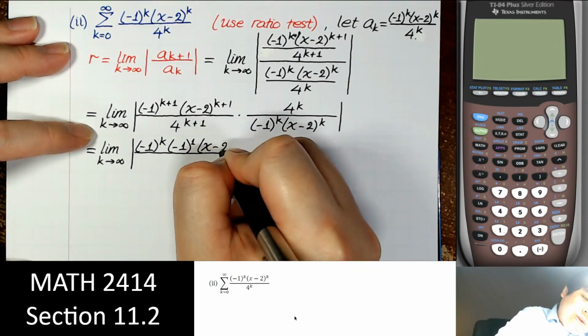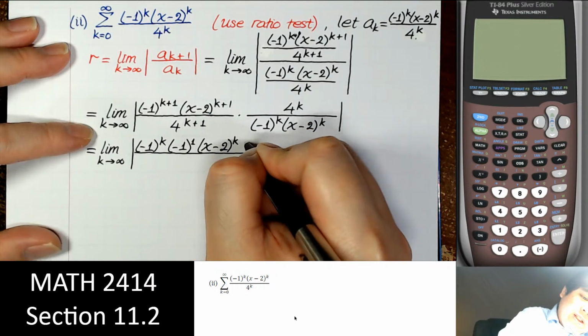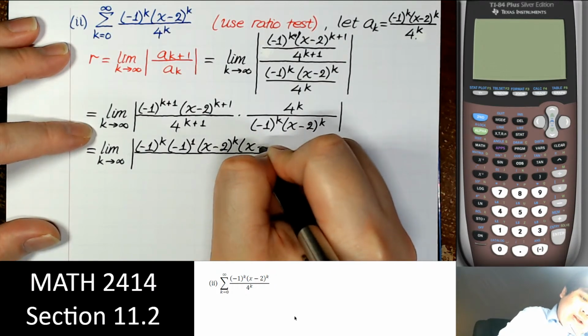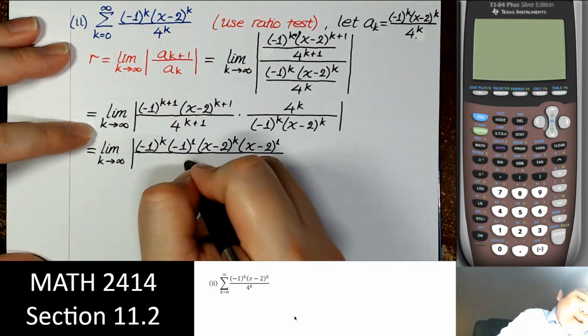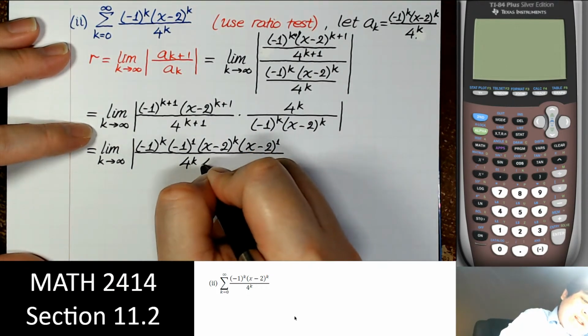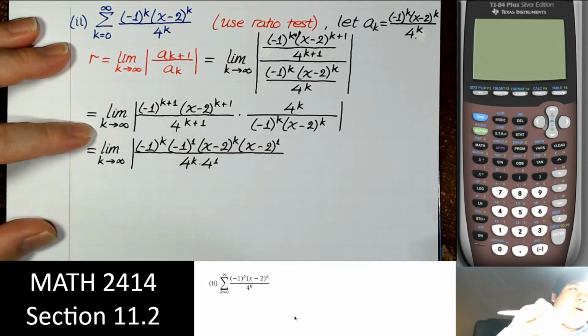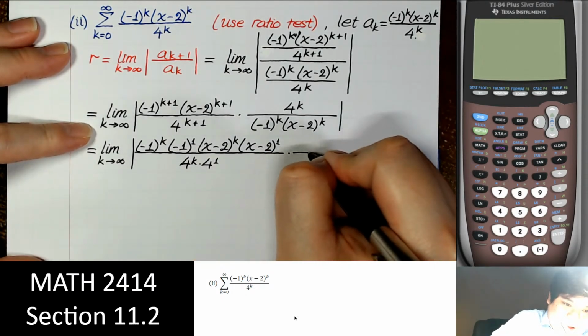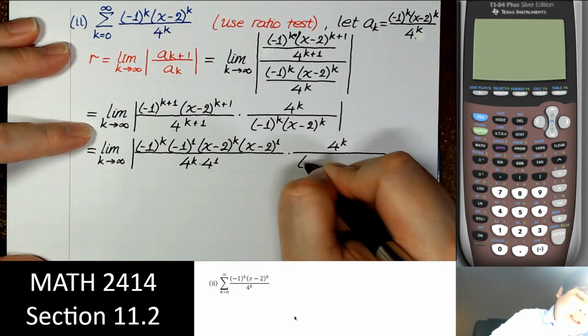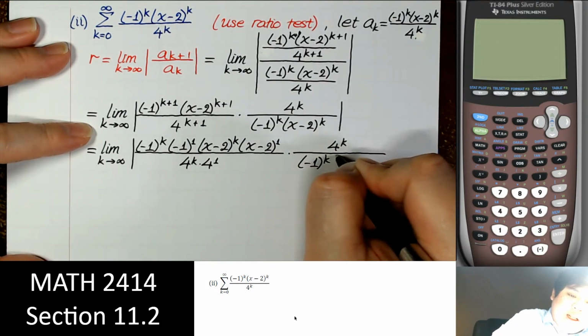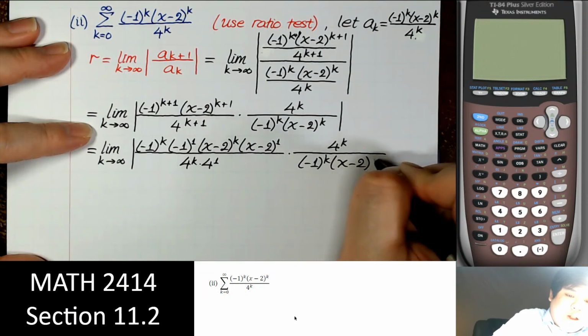X minus 2 to the k, x minus 2 to the first, 4 to the k, 4 to the first, or just 4. This will just have 4 to the k, negative 1 to the k, and x minus 2 to the k.